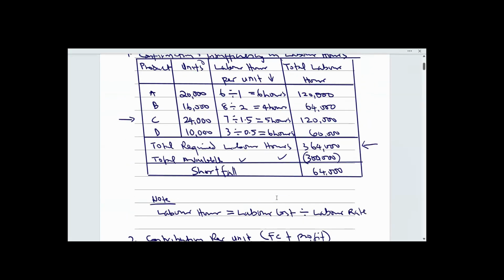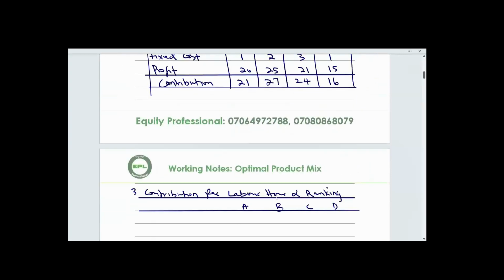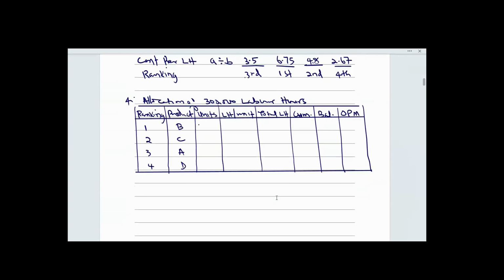Product B is 16,000 units. Product C, 24,000. Product A, 20,000, and then 10,000 for product D. So these are the budgeted units.